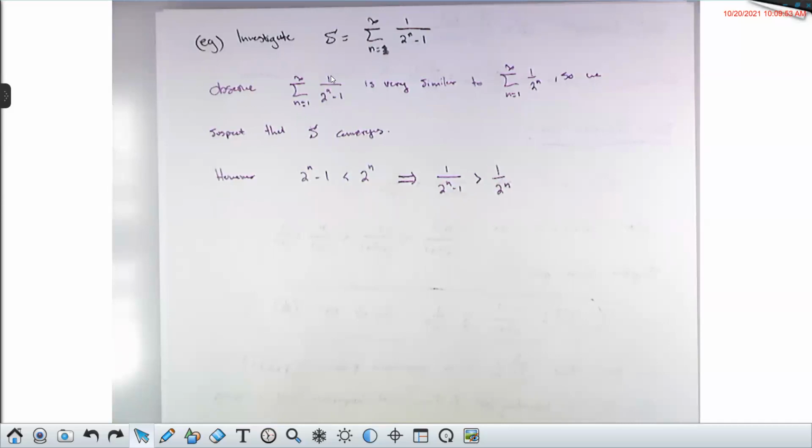But what if you're larger than a convergent series? Like here, my terms are bigger than 1 over 2 to the n. Does that tell me anything? Yeah, this really doesn't help.